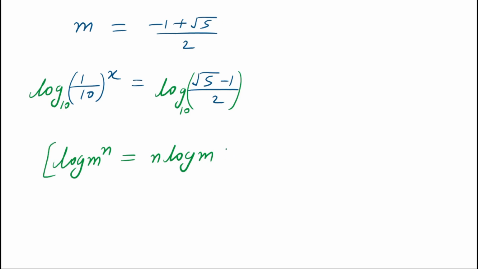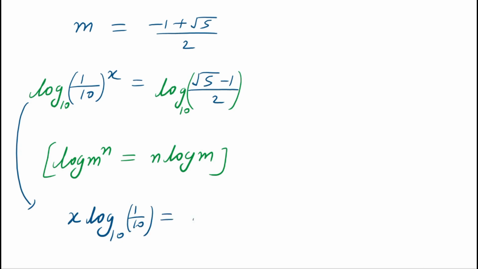According to this rule, we can write this left hand side as x times log of (1 over 10) with base 10, and this is equal to log of (square root of 5 minus 1) over 2 with base 10.